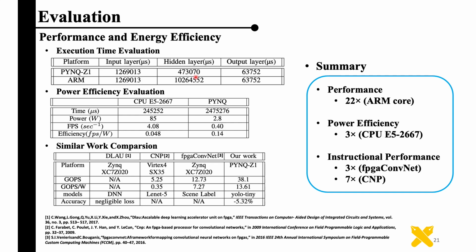Then it comes to the power efficiency evaluation. We compare our work with the model running on Xeon. Although we are at a disadvantage on the FPS performance, when it comes to the power efficiency part, our design performs 3 times better than the model running on CPU Xeon.